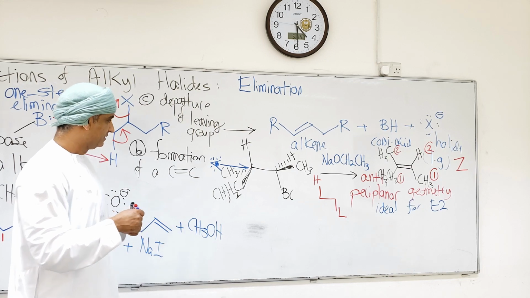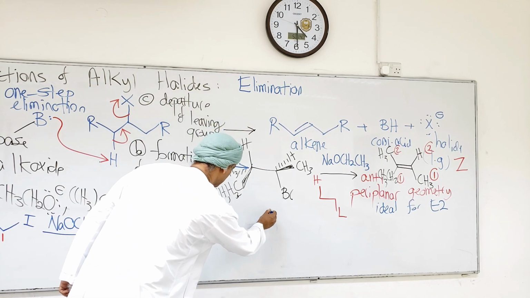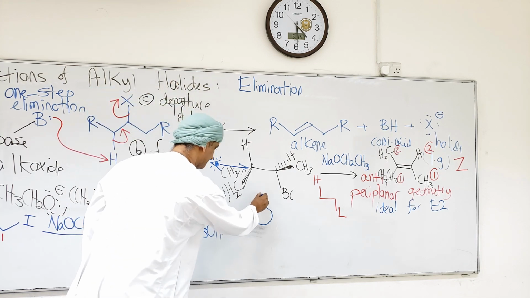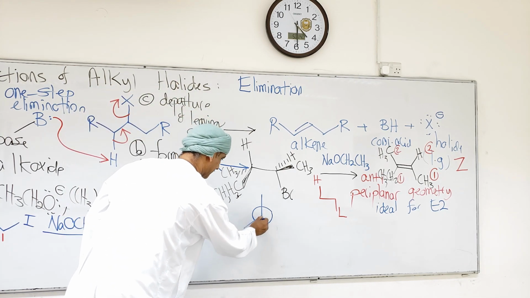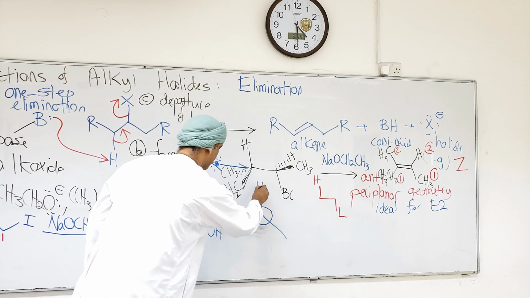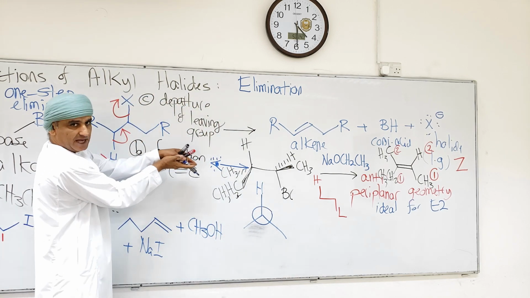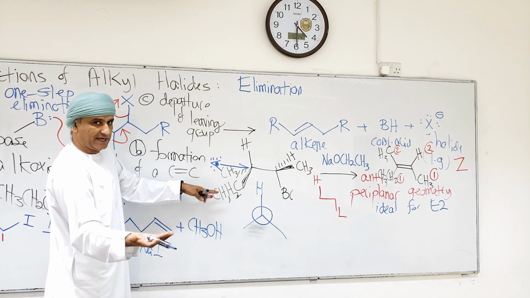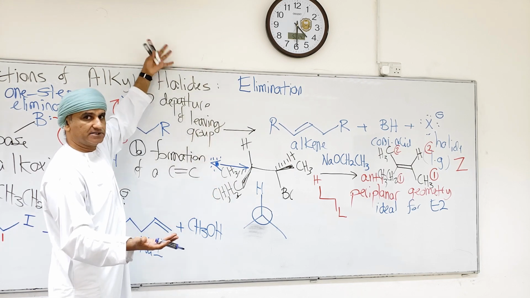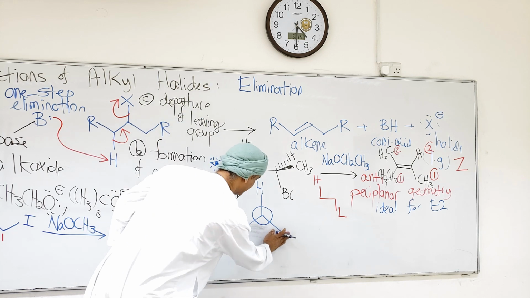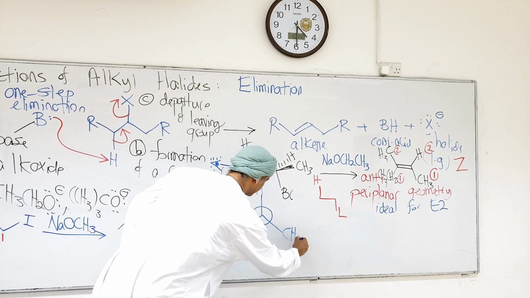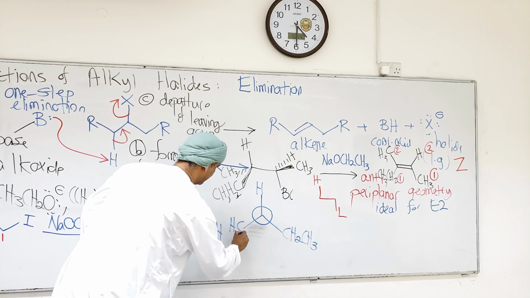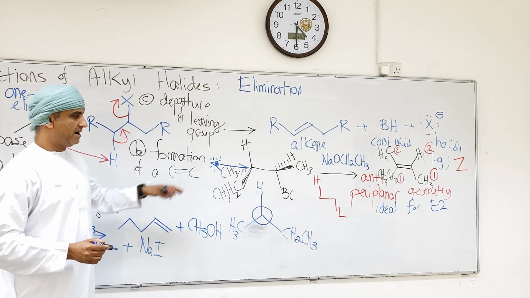So what will we get? We will get a Newman projection of this type. So H will be up, H up, and if we look through the carbon-carbon bond directly on like that, then this ethyl group will be on our right side, and the methyl group is on our left side. So ethyl group here, and methyl group here. What about the back carbon?